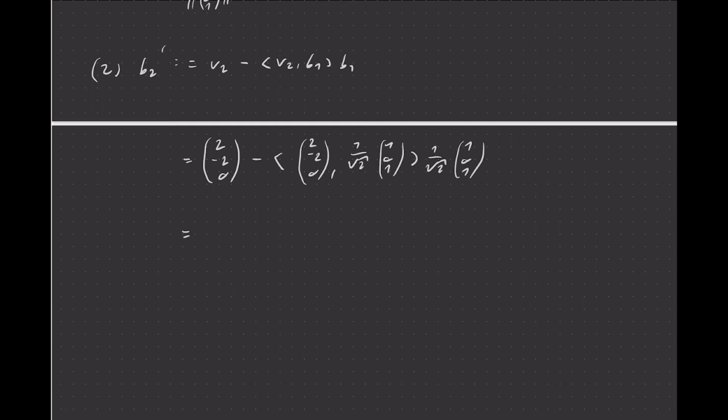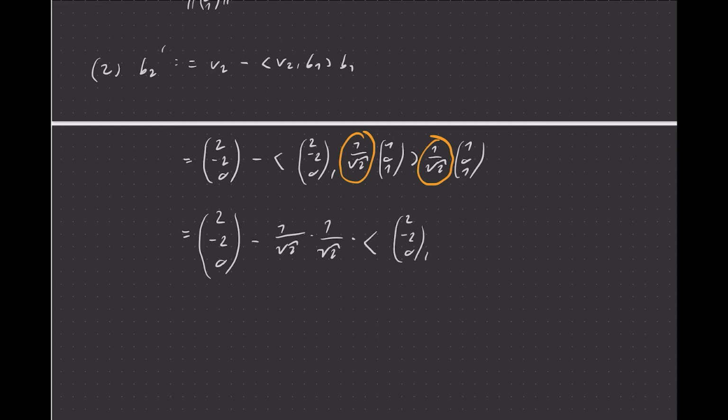First thing you should notice is we have this factor 1 over square root of 2 here and here. And as you know, the scalar product is bilinear, so we can take out this factor. And of course, we can also move this factor to the front of this whole expression. So we can rewrite this as 1 over the square root of 2 times 1 over the square root of 2 times our scalar product, (2, -2, 0) and (1, 0, 1), times the vector (1, 0, 1).